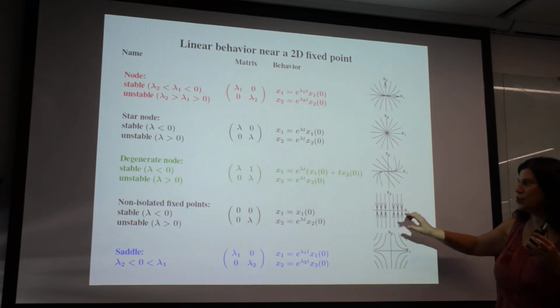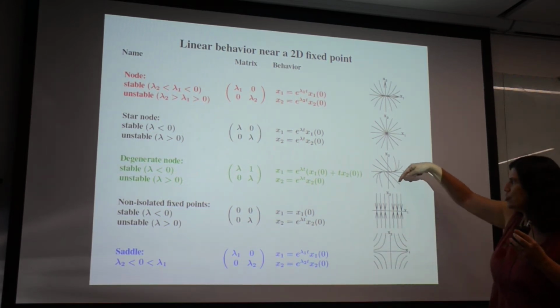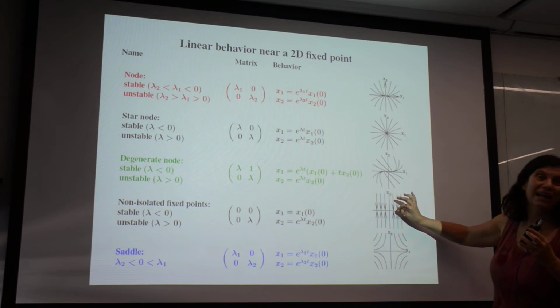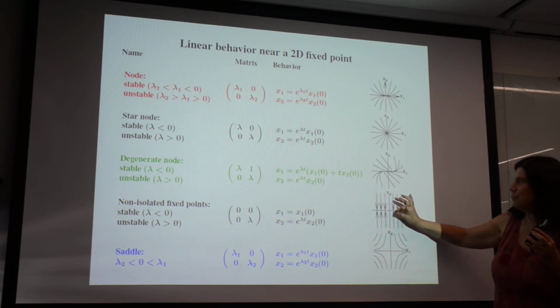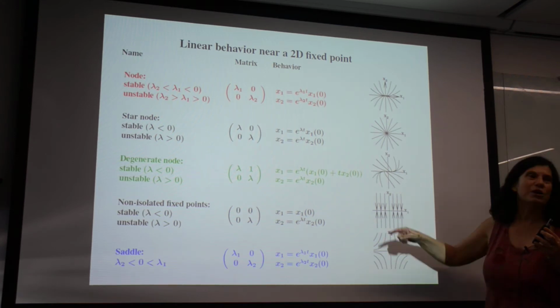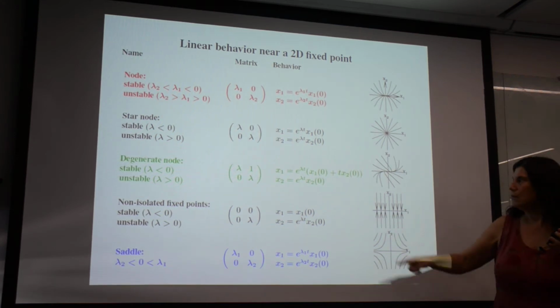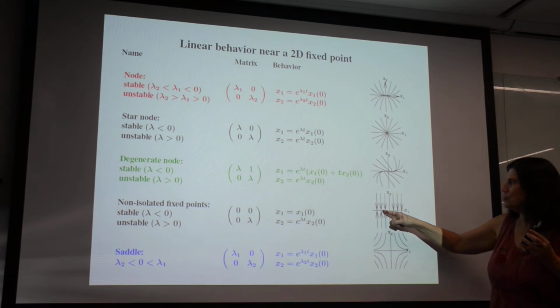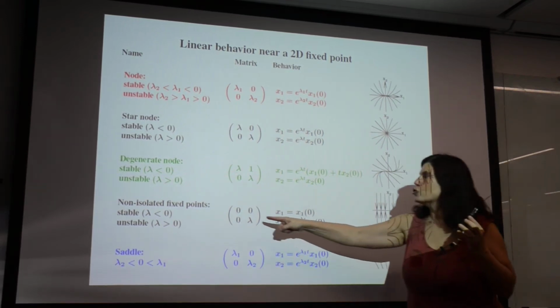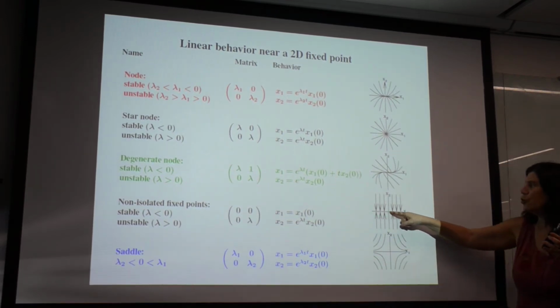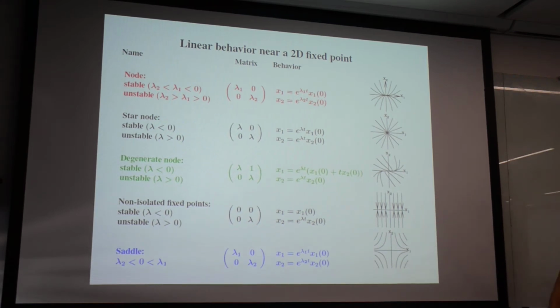You have one direction, this 2 direction, in which it definitely wants to collapse, if lambda 2 is negative. But in the other direction, it just stays at whatever x1 value it was. If it was here, it just stays. If it was here, it stays. And so those are called non-isolated fixed points, because you have a whole line of fixed points there.